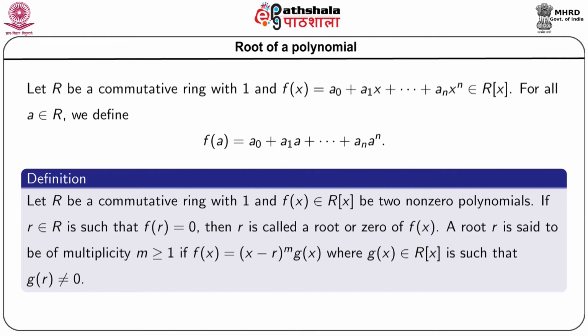A root r is said to be of multiplicity m if (x minus r) to the power m is a factor of f(x), but (x minus r) to the power m plus 1 is not. In this way we define root of a polynomial and multiplicity of a root.